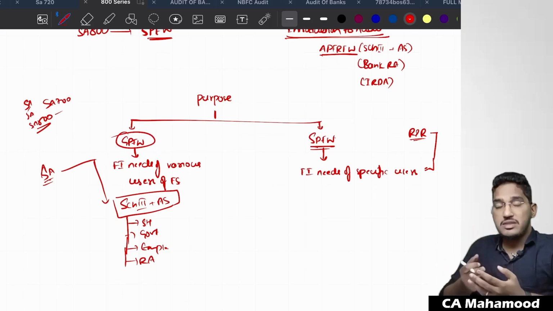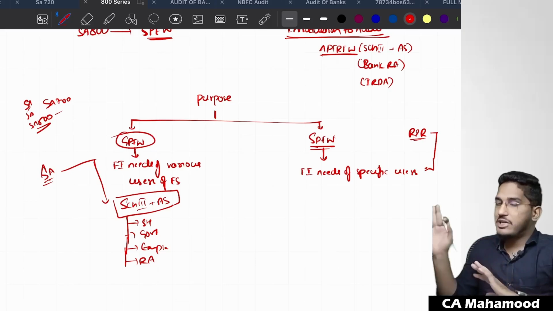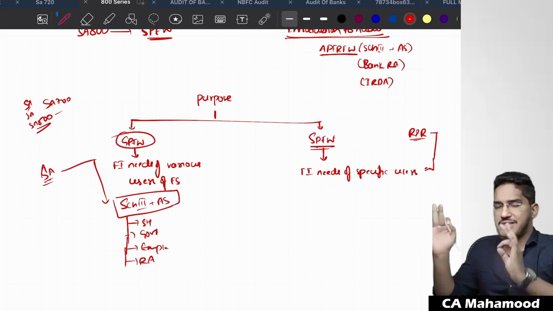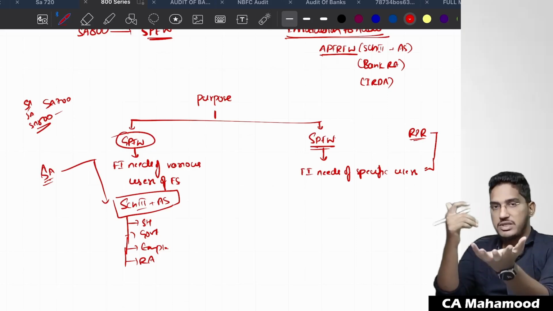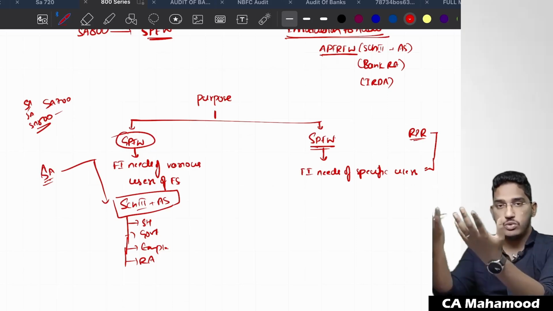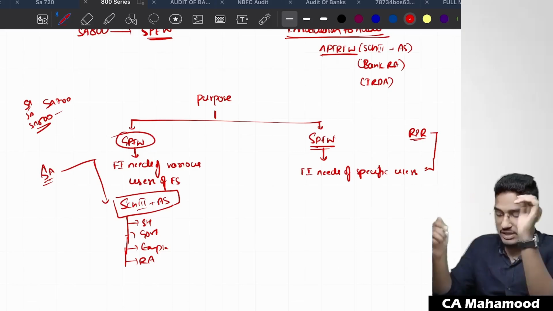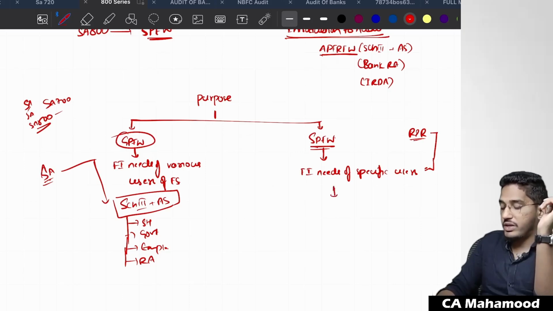They are exclusively prepared for the information needs of specific users. To meet the information needs of just one or two users, we follow certain rules and regulations, and we call the result special purpose financial statements.